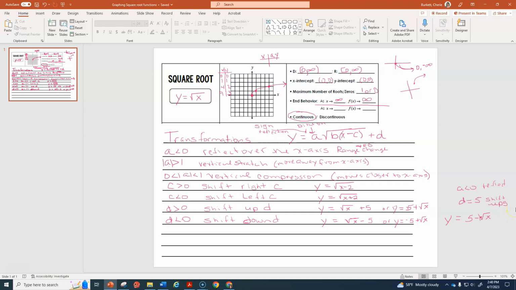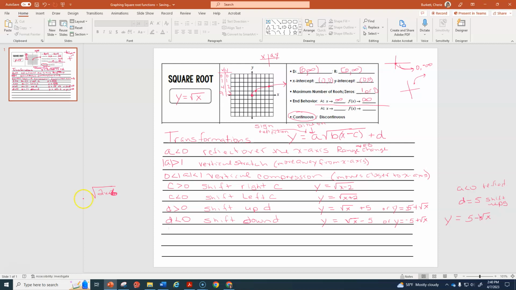All right, now B is going to make things a little bit more complicated. First of all, sometimes the B has to be factored out, okay? In order to identify what C is, there should not be a coefficient in front of the x. So in other words, if I see the square root of 2x plus 3, let me make it an even number.